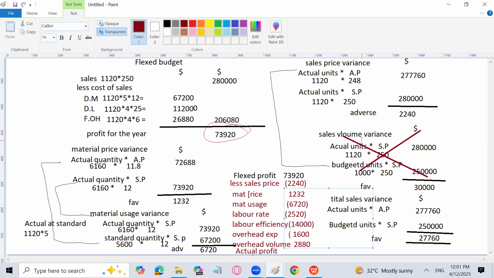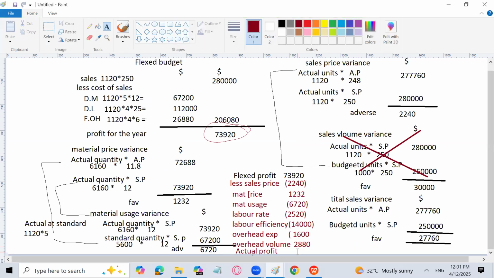So what is the answer? You can calculate now by adding all these: 73920 minus 2240 plus 1232 minus 6720 minus 2520 minus 14,000 minus 1600 and plus 2880. You will find the actual profit.